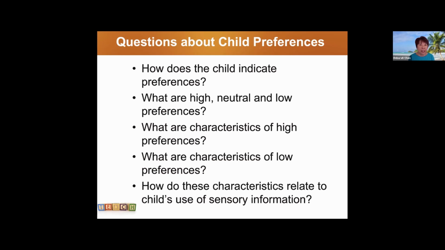We can ask a variety of questions to find out how the child indicates, I like this, and what are high, low, and neutral preferences. What are the characteristics of things the child likes? What are the characteristics of things the child dislikes? And how do these characteristics relate to the child's use of sensory information?